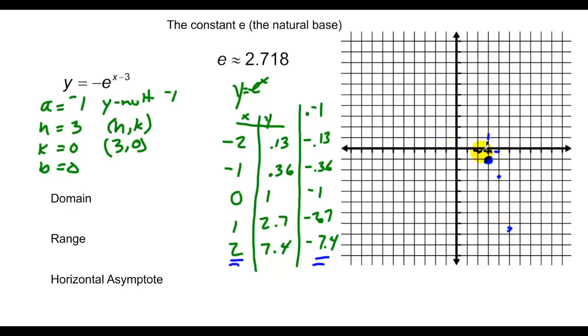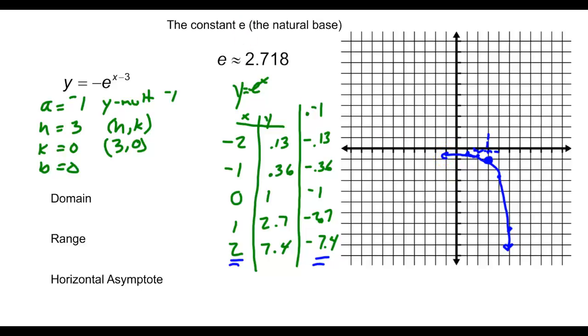Back 1, down 0.36. Back 2, down 0.13. So if I were to draw this, connect the dots, looks something like this, moving through here.